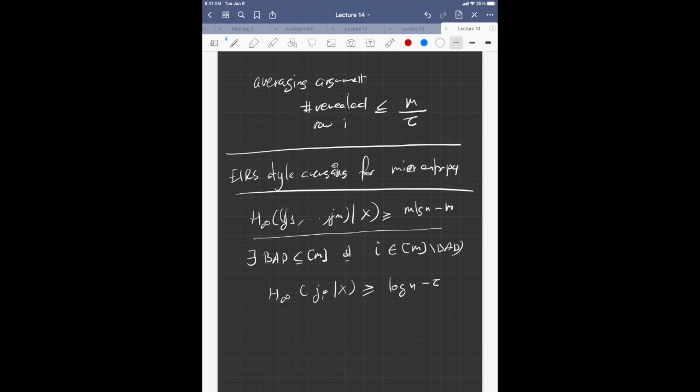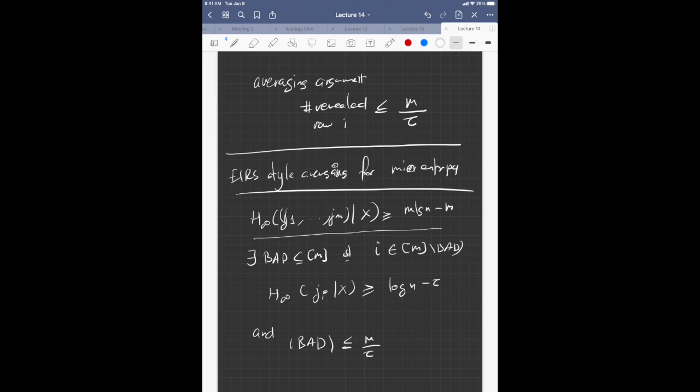Tau is this threshold that we choose. And based on this threshold, there are not too many bad coordinates: the cardinality of bad rows, or revealed rows, is at most m by tau. So these are the two things we want to say.